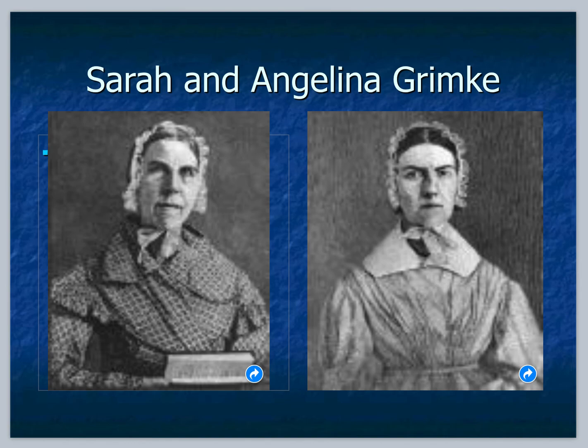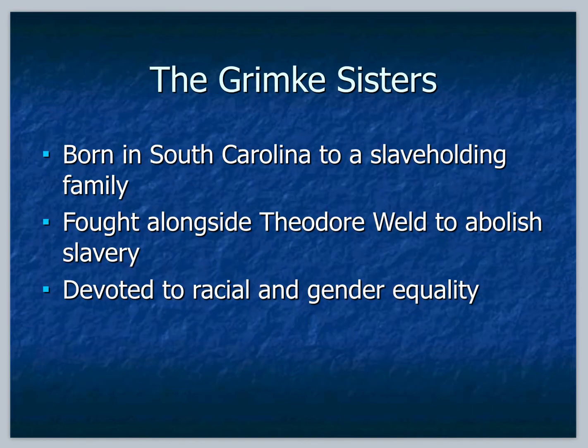Then you've got the Grimke sisters, Sarah and Angelina. The Grimke sisters were born in the South in a slave-holding family. Most people don't understand why people are racist or hateful. Well, when you're born into a hateful, racist environment, how are you going to know any better?